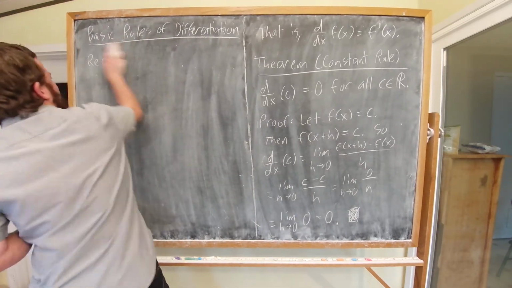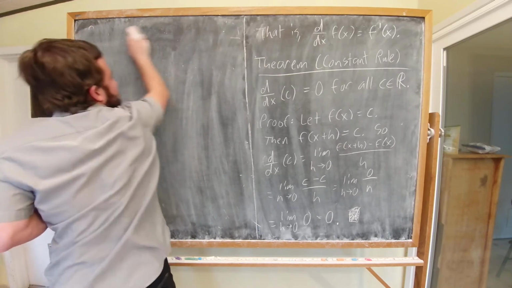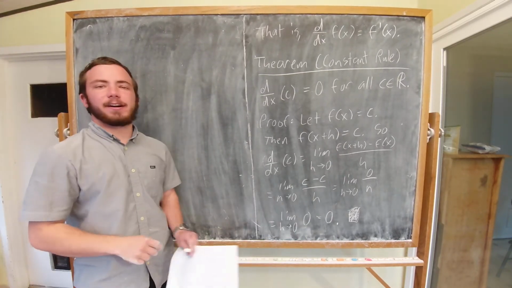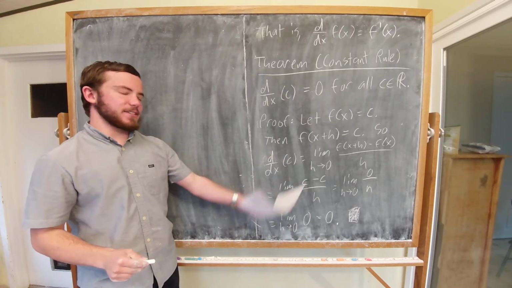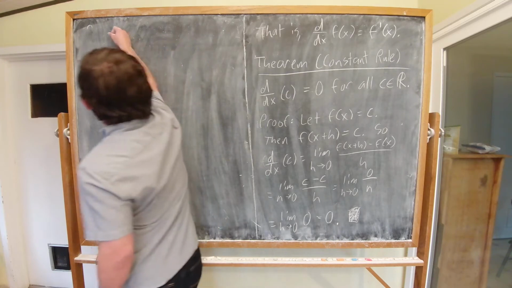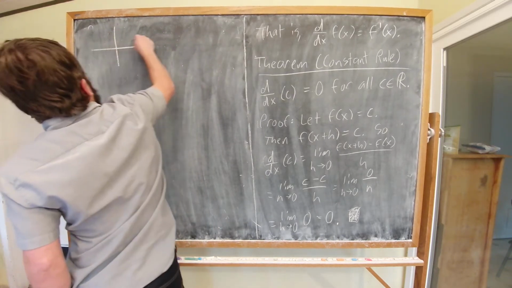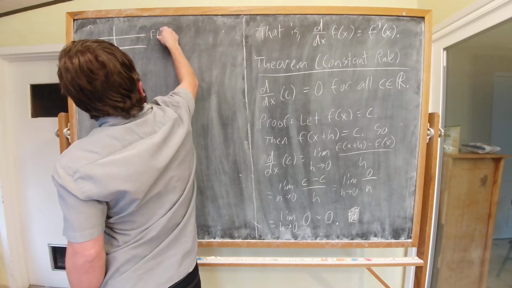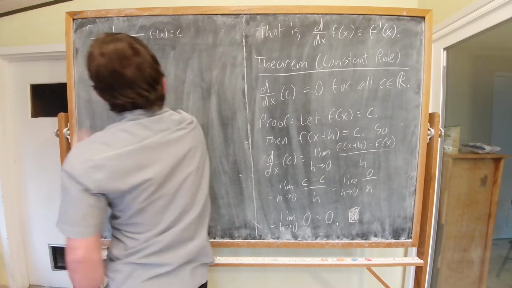Okay, so this rule states that the derivative of a constant is 0, and I proved it here, but you might be like, that's Greek to me. Let's see visually what's going on. Here's a function defined by a constant, f of x equals c.